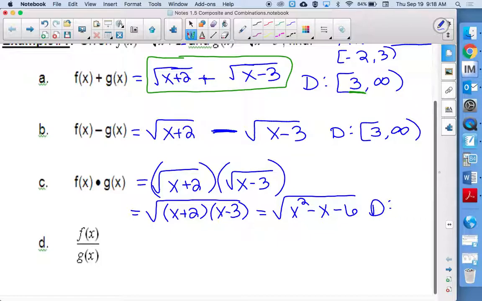The domain, however, does not change. It's still the same from 3 to infinity. So bracket 3 to positive infinity. Because if I plug a 3 in here, I still get the square root of 0, because when you're multiplying, that would give me a square root of 0.